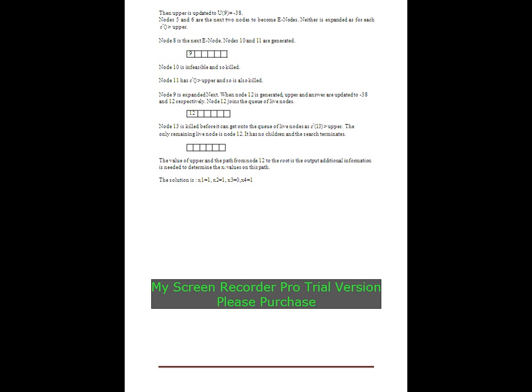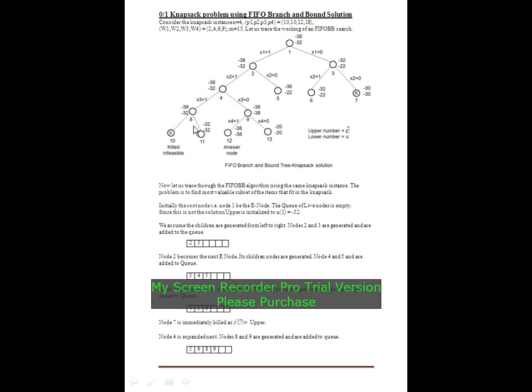So the branch of 8, 10, is removed, and the branch of 8, 11, which also has the upper bound... Here you can see after expansion, after removing 5 and 6, the nodes in the queue are 8 and 9. So we get the first E-node 8, and the remaining one is 9.